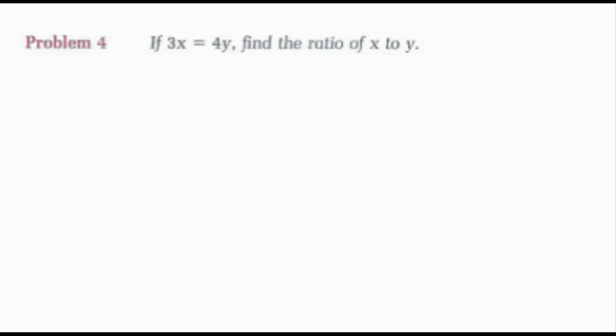Problem 4, if 3x equals 4y, find the ratio of x to y. So I want the ratio of x to y, or x over y. If I want x over y in my proportion, that means I'd have to divide both sides by y in order to clear out this y.